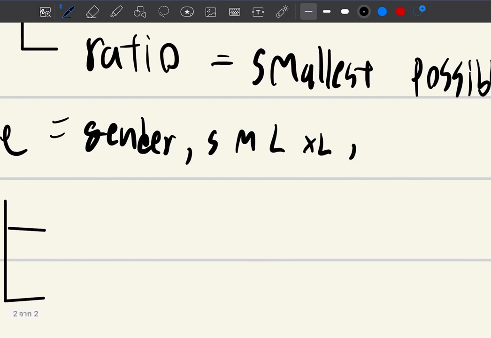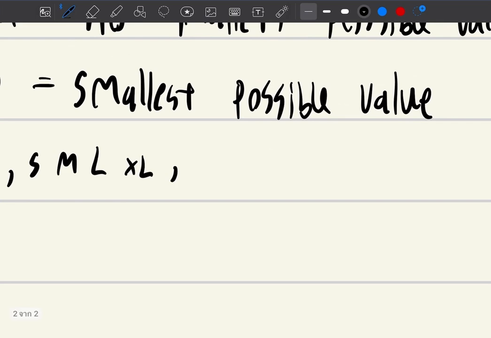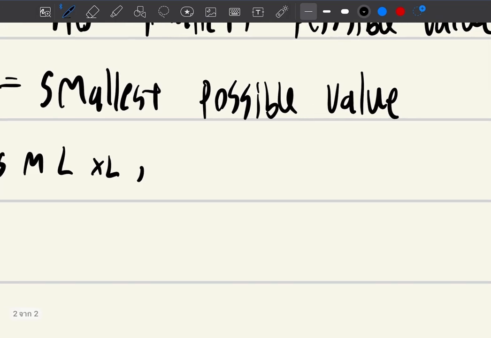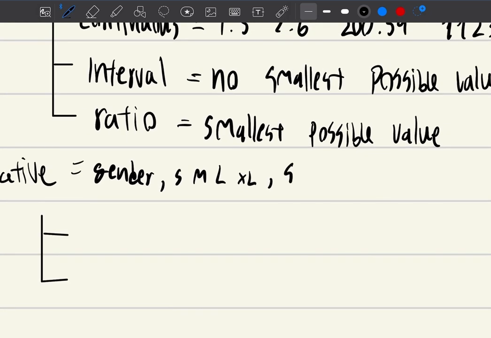Size of a car, maybe you don't know it, but the size of a car is subcompact, compact, mid-size, and full size.